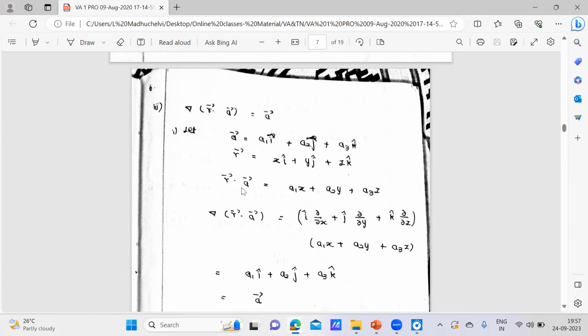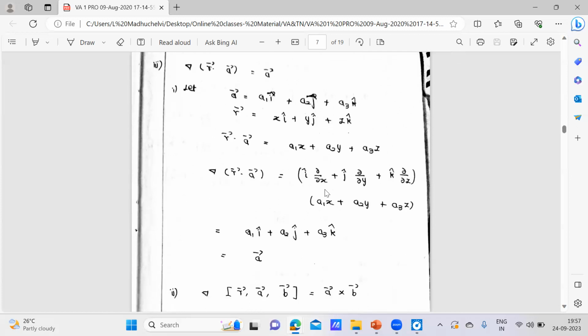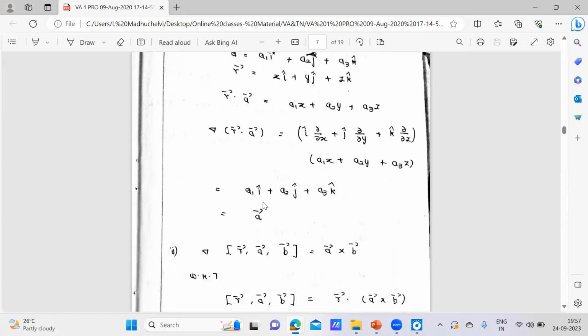R dot a, if you find the dot product, is a1x plus a2y plus a3z. So del of r dot a is I dou by dou x plus j dou by dou y plus k dou by dou z of a1x plus a2y plus a3z.